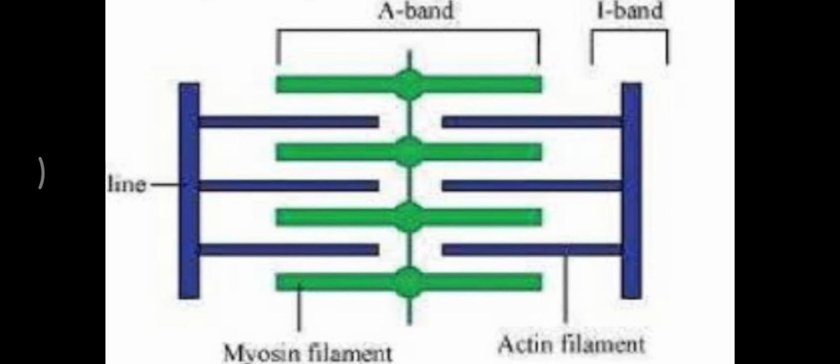Now every muscle fiber is formed of myofibril or myofilament. Each myofibril has the light band and the dark band. The light band is formed of actin protein and the dark band is formed of myosin protein. For the diagrams, you can also refer to NCERT.